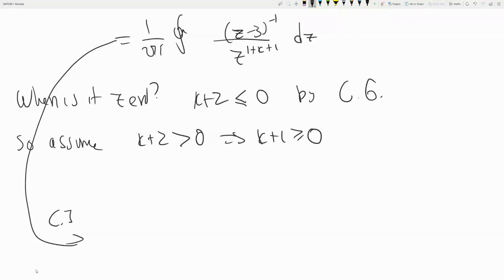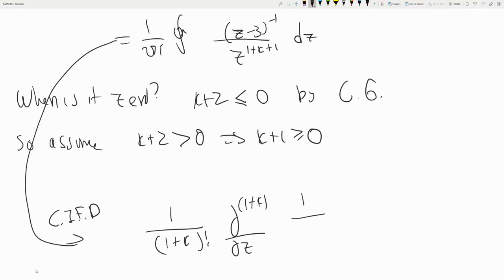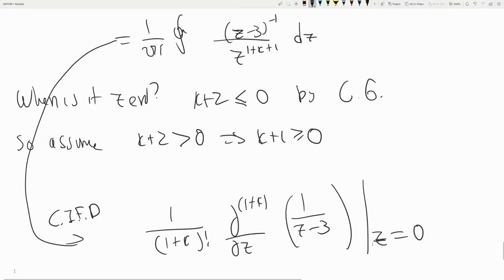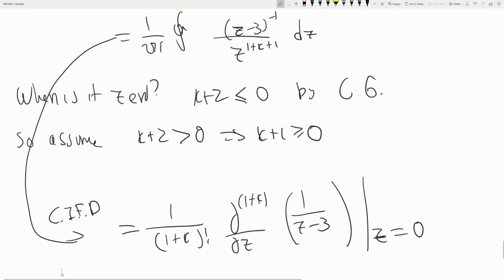So same business, by Cauchy integral formula for derivatives, I give you the following: 1 over (1 plus k) factorial, and then take the kth derivative of 1 over z minus 3 and evaluate at z equals 0. Is that okay?